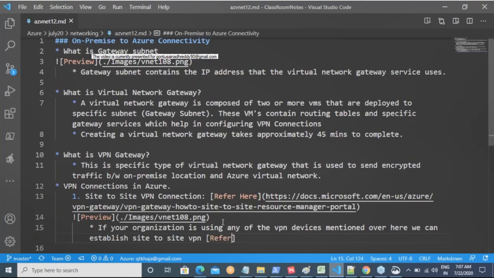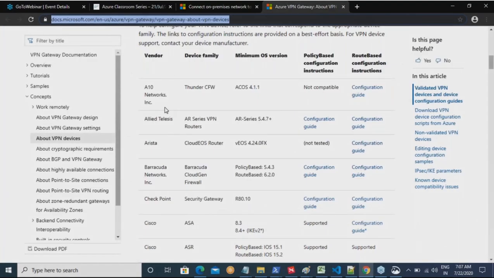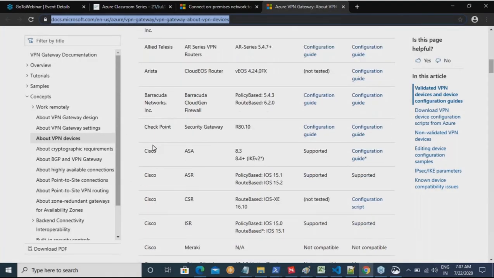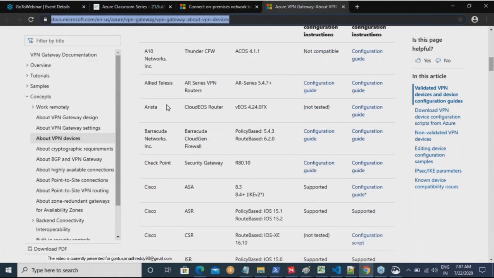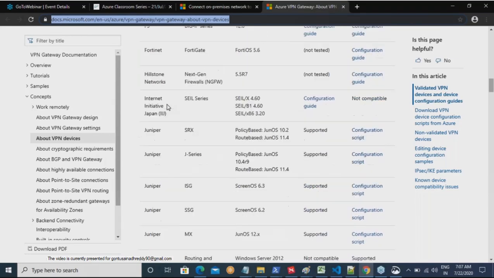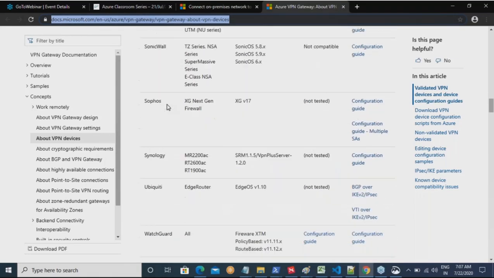If you see, most of the VPNs are basically covered. We have Cisco, and most of us will end up using Cisco, right? But there are other VPN connections also.